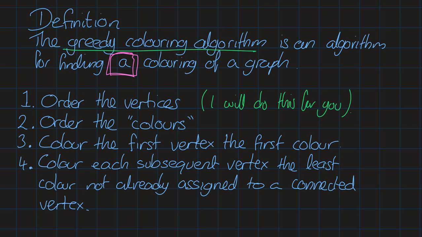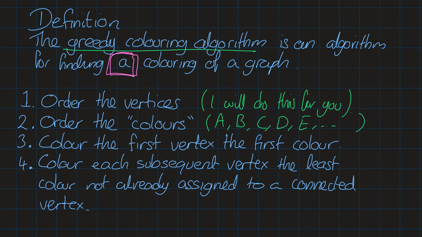And then you order the colors. This is a technical issue. It's because this algorithm is used by computers, and computers like things to be in order. So we need to order the colors. And instead of trying to agree on an order between red, magenta, pink, and orange and so on, you do the convention where you just call the colors A, B, C, D, E, and so on.